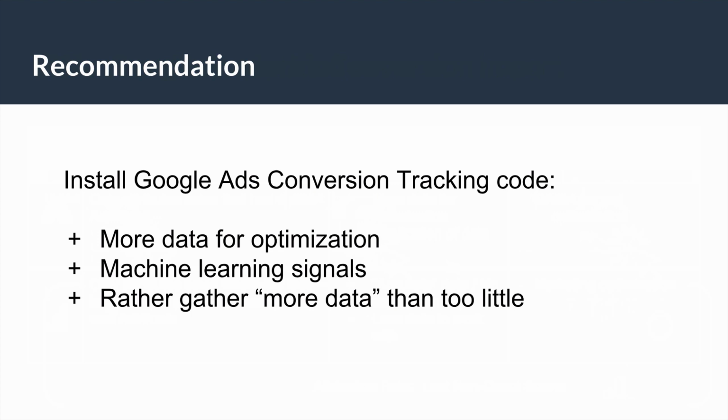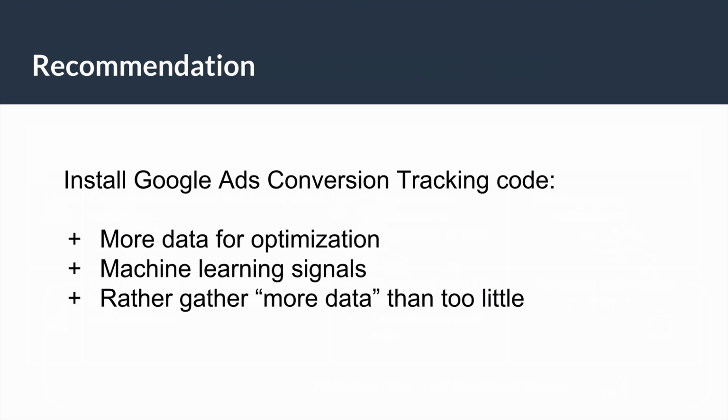With Google Ads also introducing more and more machine learning signals, you might want to feed the system with more signals in order to do the calculations that are needed for machine learning. You might be familiar with bid strategies or attribution modeling in the system.